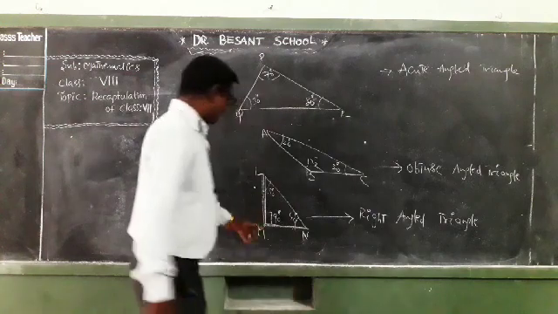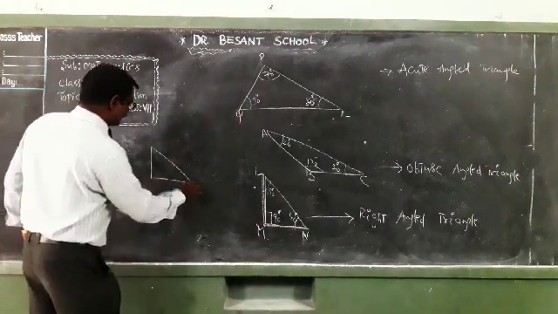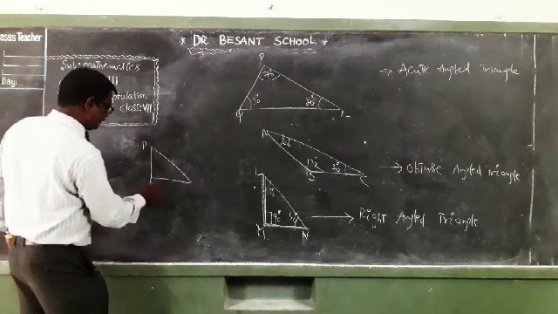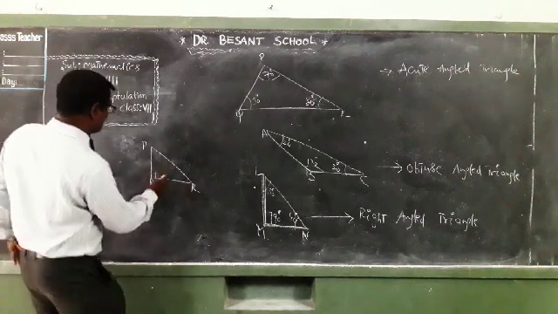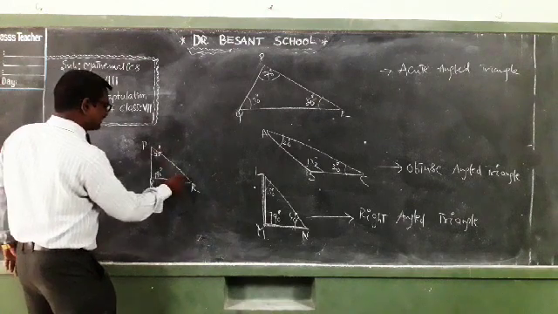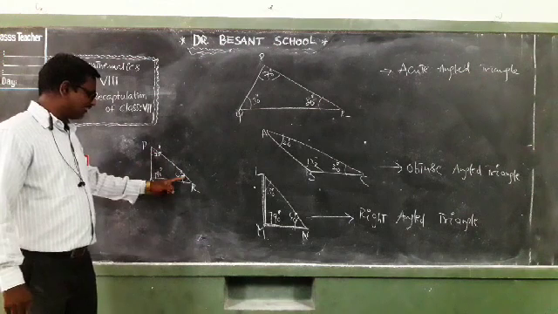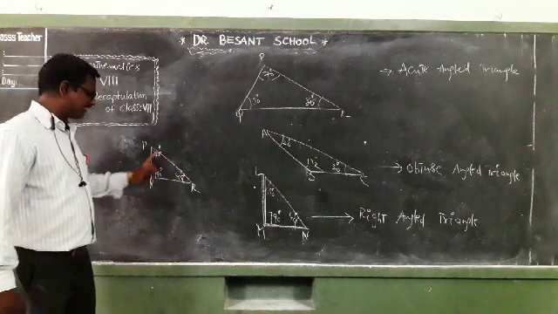Okay children. After this one, come to this one. This is PQR. It is 90 degrees. Let us suppose this is 45 degrees and this is 45 degrees. So 45 plus 45 is 90, and this is 90; 90 plus 90 is 180 degrees.